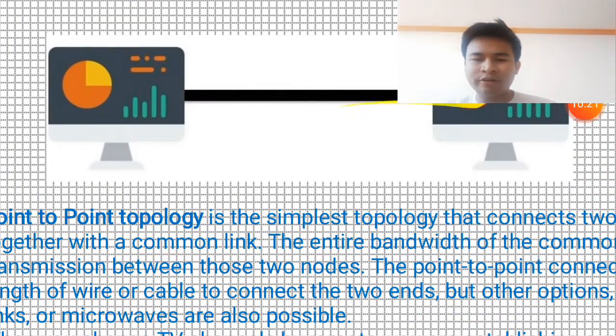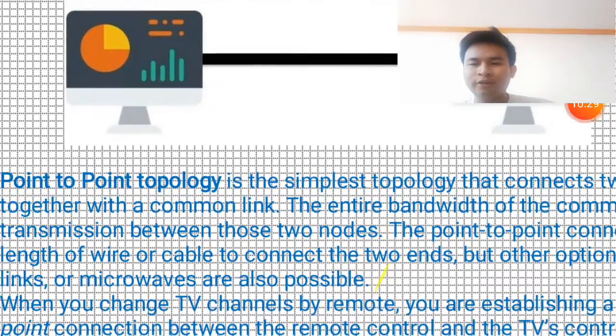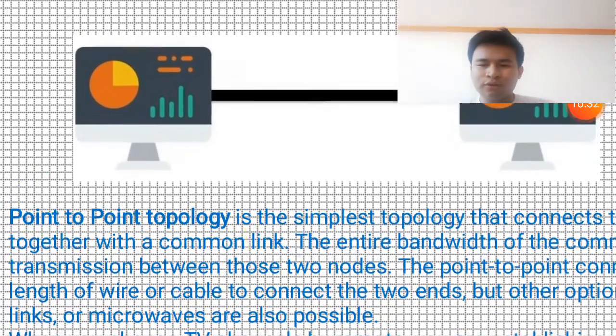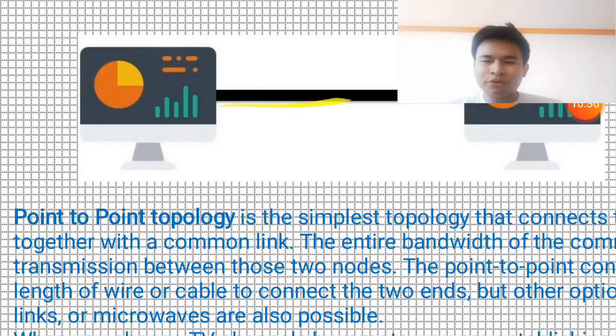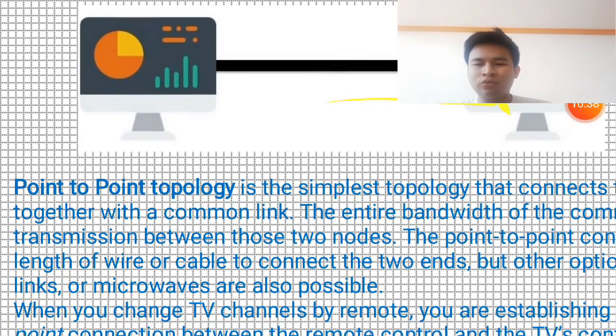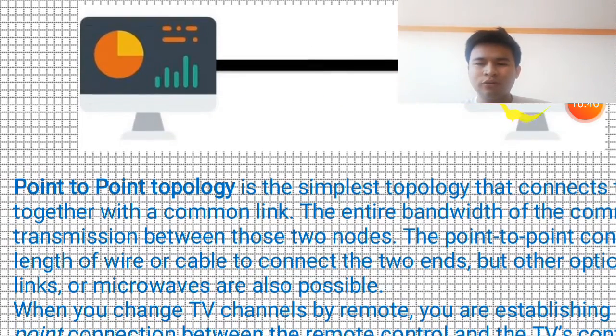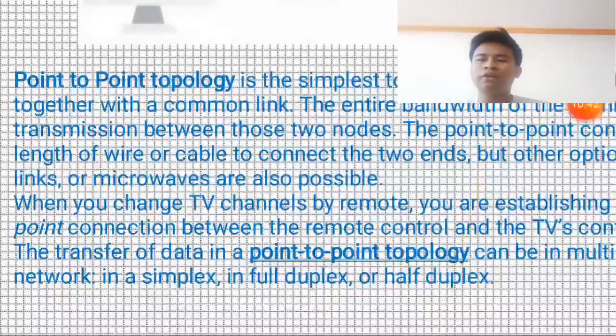They transfer the data to the other system, or what we call the computer, just like the TV. For example, this is a remote. You change the channel on the TV, turn to channel 7.